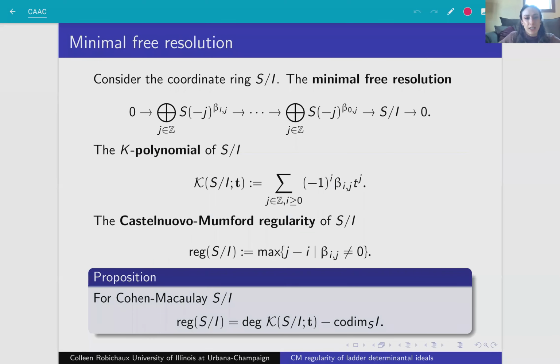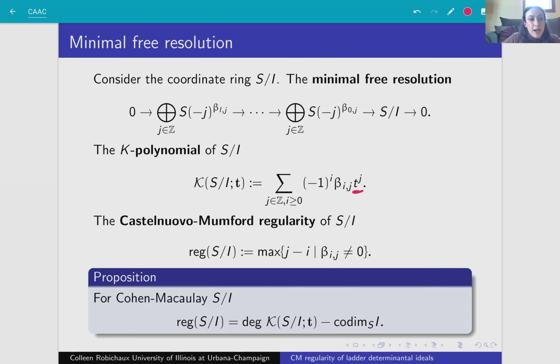And we can do a lot of things with these varieties. We can compute its minimal free resolution, for example. One thing you could extract from this minimal free resolution is its K-polynomial, a Laurent polynomial whose coefficients are alternating sums of Betti numbers.